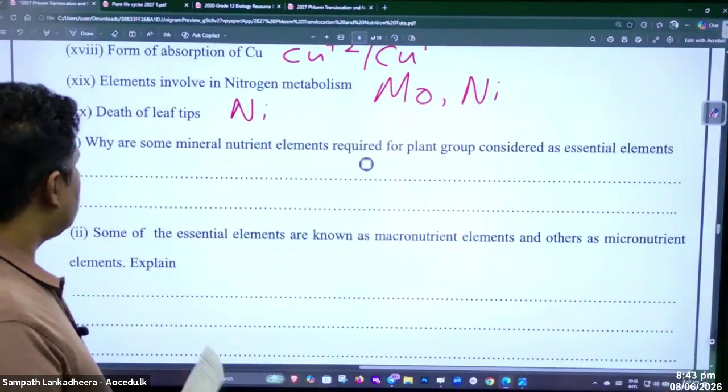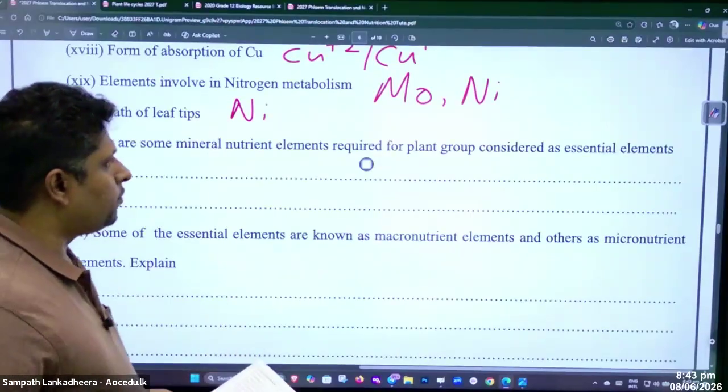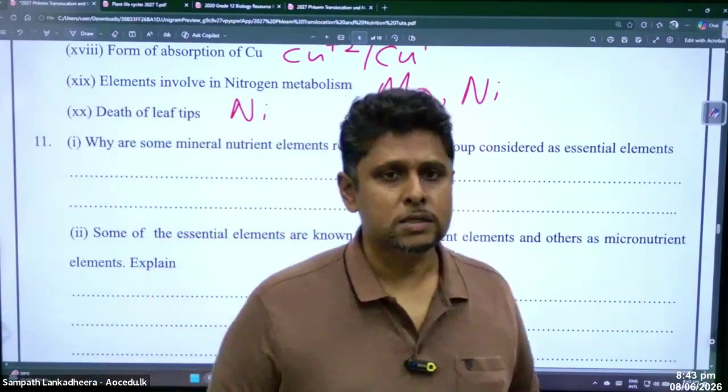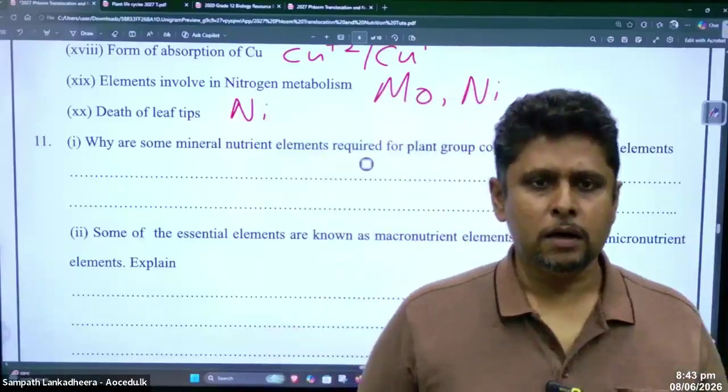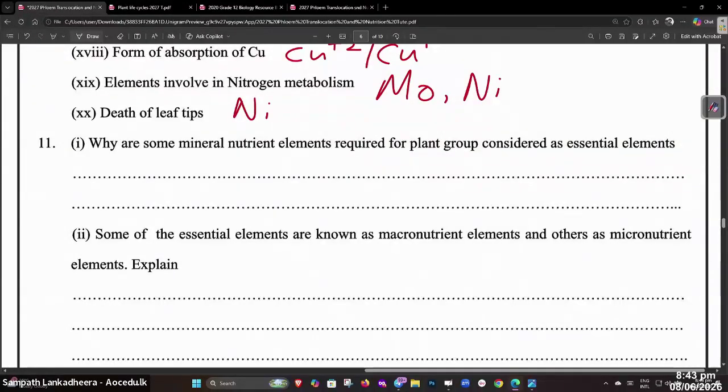Why are some mineral nutrient elements required for plants considered as essential elements? People, what are you going to write?